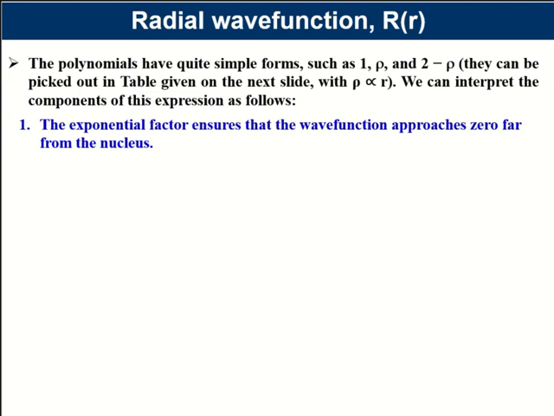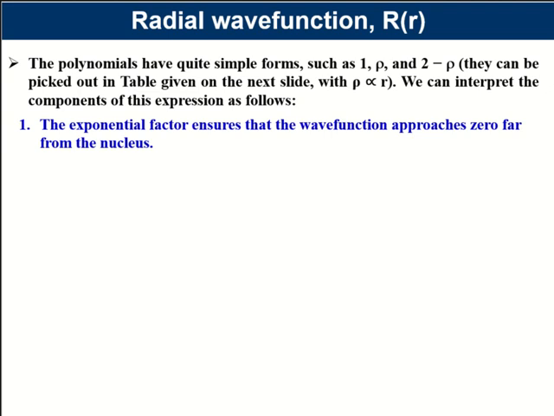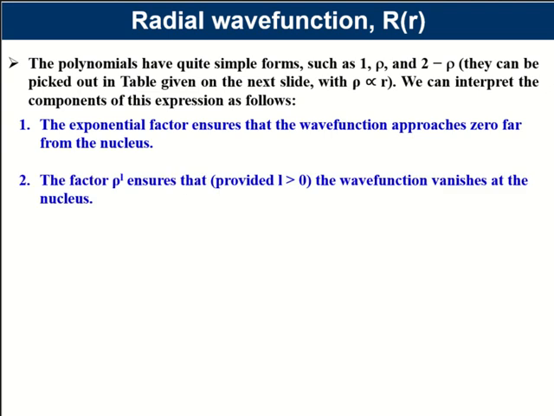If you write the radial part of the wave function only, it has an r to the power L term, then a polynomial, and then an exponential. The exponential term has a negative sign, and it ensures that the wave function will continuously decrease and become zero at a distance far away from the nucleus.